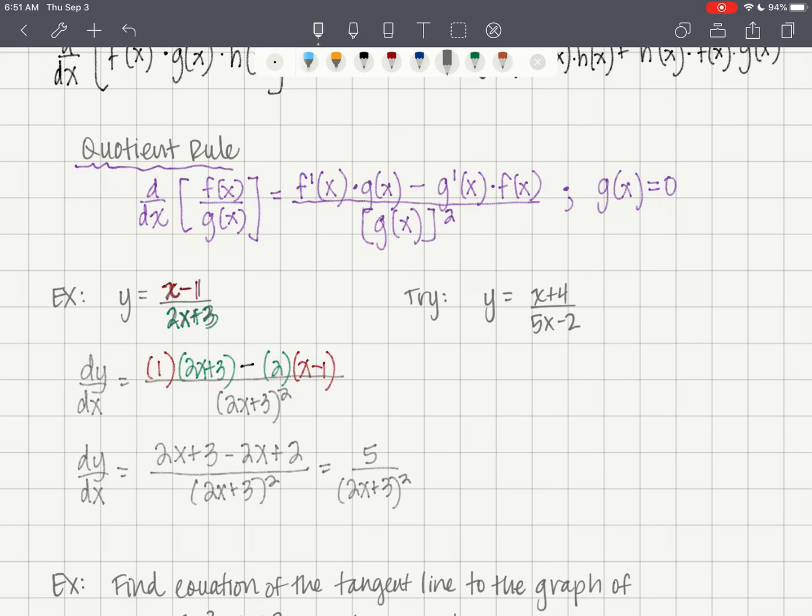And that is our y prime, I'm going to put y prime just to save me some room here. And time, I guess. 5 over 2x plus 3 quantity squared. That's the quotient rule. So go ahead and give the other one a try. Press pause. While you're working it out, I'm going to write it out. So when you're ready, come back. But you really do owe it to yourself to try this one.